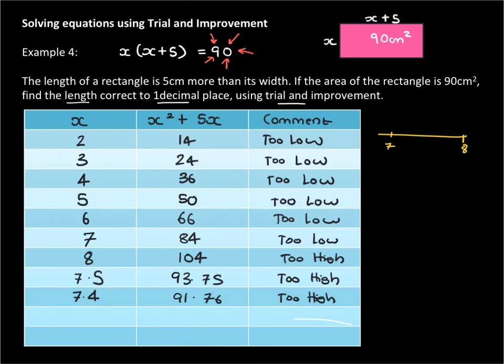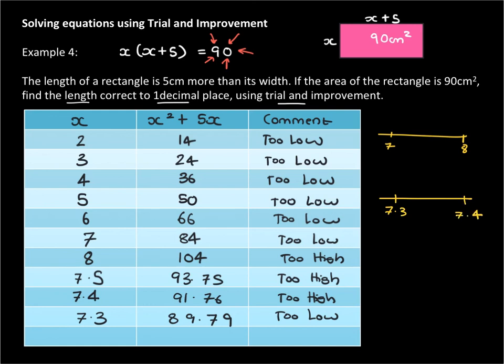So let's try the next value down, 7.3, and see what that gives us, which is 89.79, which is a little bit too low. So that tells me now that my answer must lie between 7.3 and 7.4.